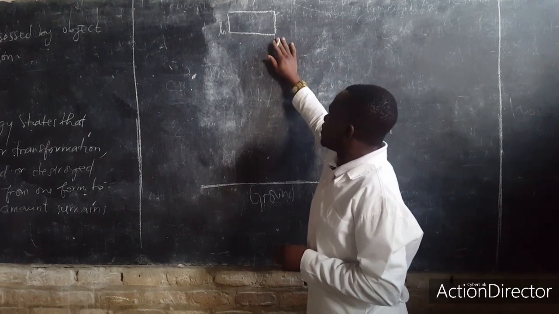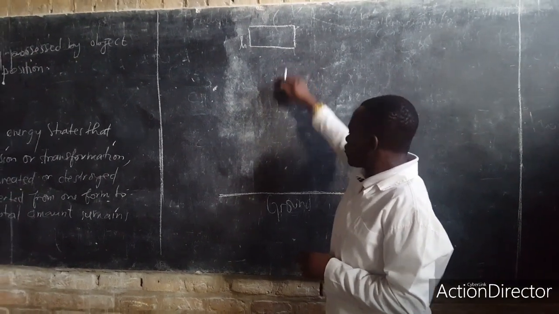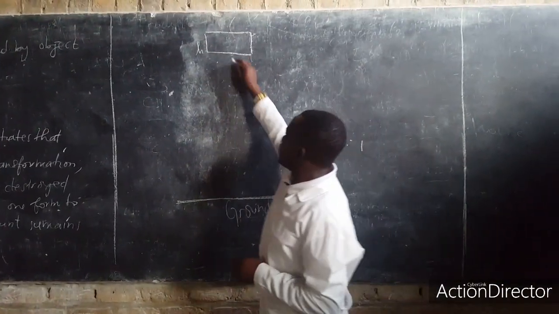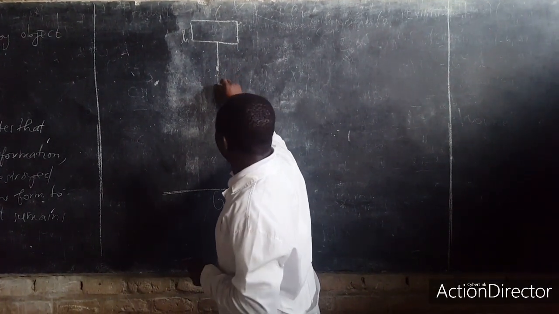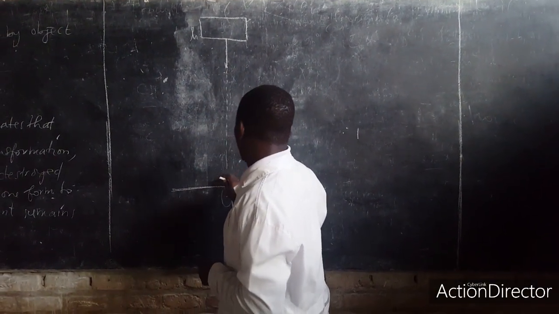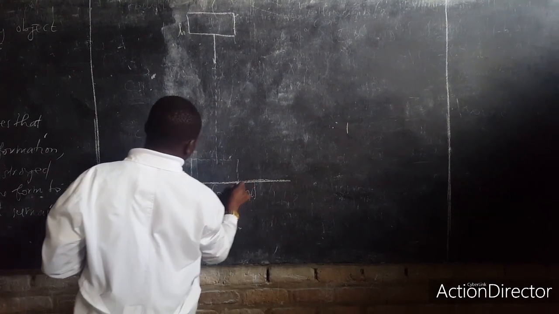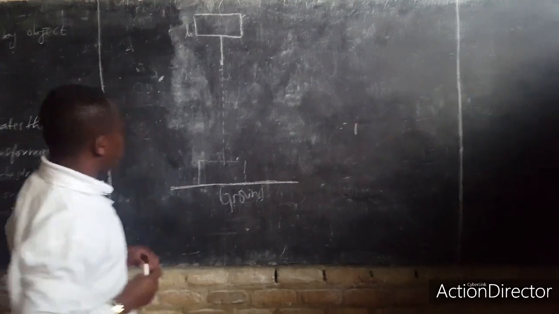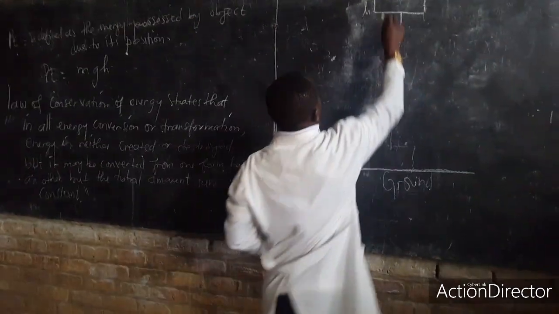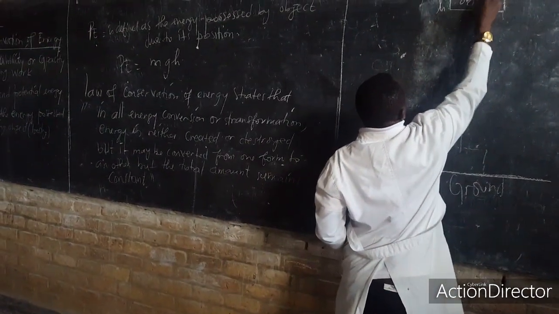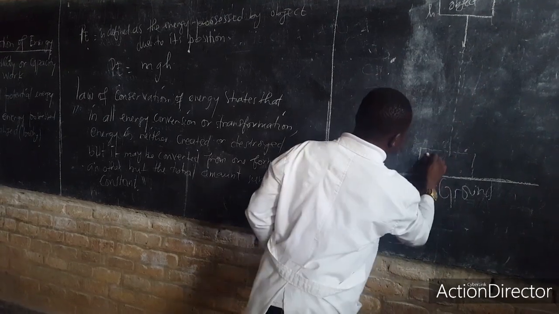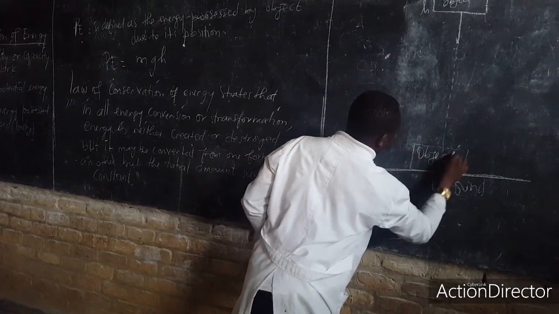This means that our object is going to fall down on the ground. Let us see how the energy will be converted according to the motion that is going to be done by our object.